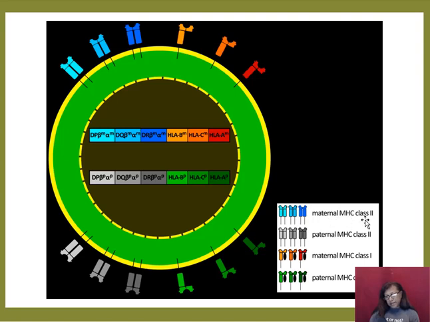So we have class 1 and class 2s. You can see different conformations of them. We have maternal class 1, which means you have gotten this molecular fingerprint from the gene from your mother. And then we have paternal with a P, paternal MHC class 1 and class 2, which means you got these molecular fingerprints from your father.